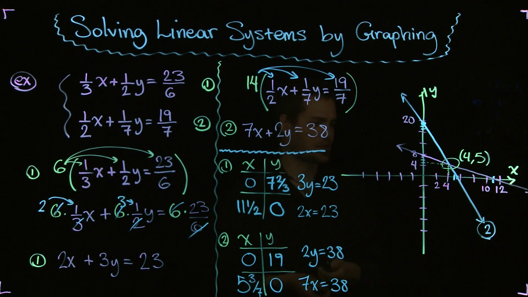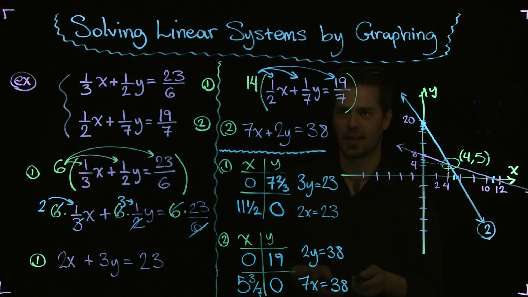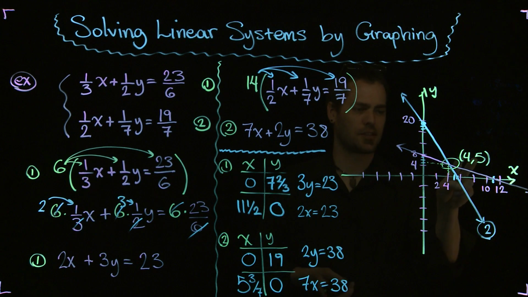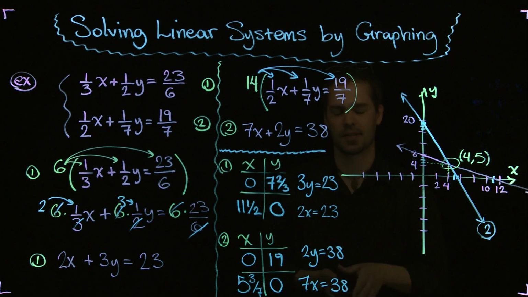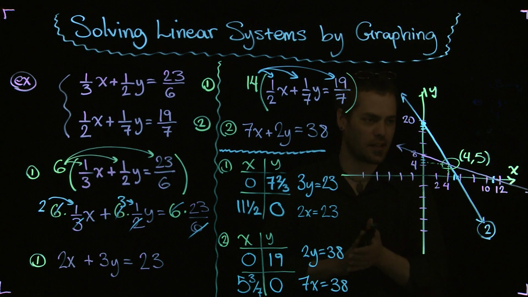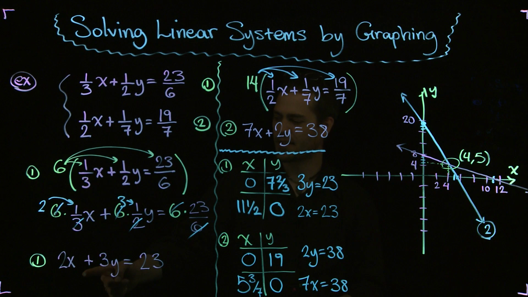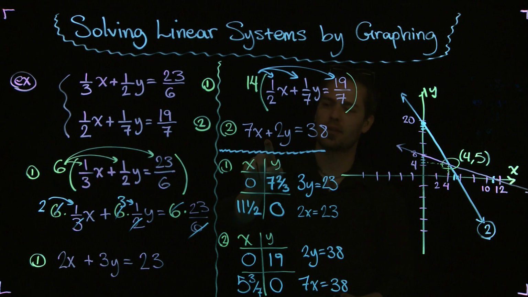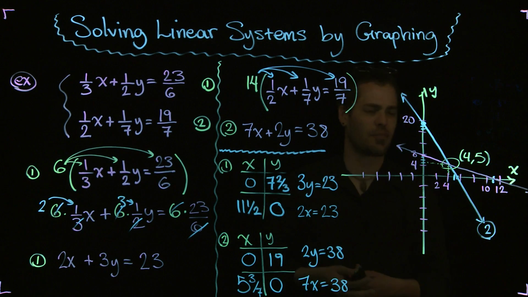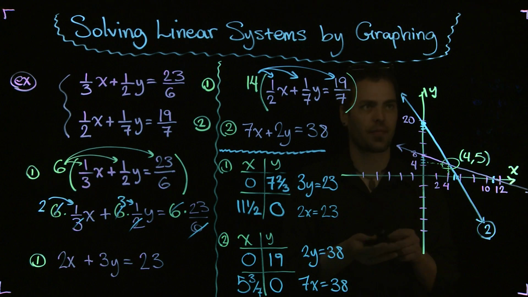Now, since I was struggling to create this graph, I should definitely check it. And if these equations were nonlinear, then you especially want to take that solution all the way back to the original equations. Since these equations are linear, I can get away with using this equation, number 1, and this equation, number 2, after I've cleared the fractions. And so I'm going to go ahead and do that.